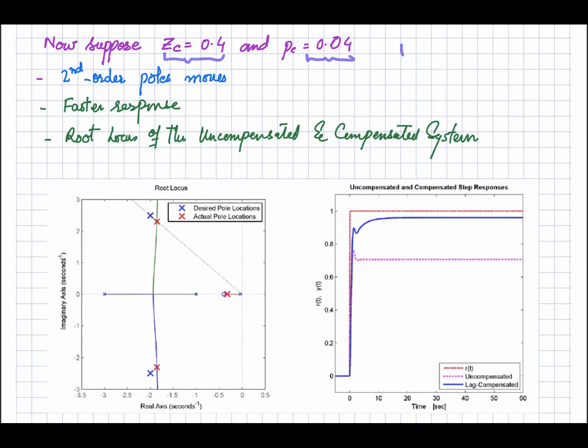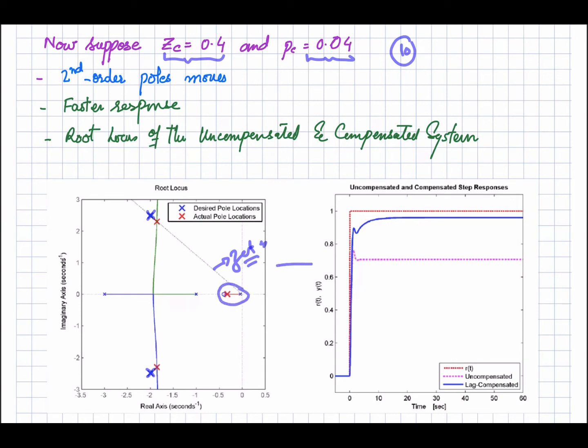Again, the improvement is 10 times, because the ratio of ZC and PC is equal to 10. Here you can see the desired closed loop poles for a certain value of zeta, and if we introduce the compensator with the zero at 0.4 and the pole at 0.04, here you can see.